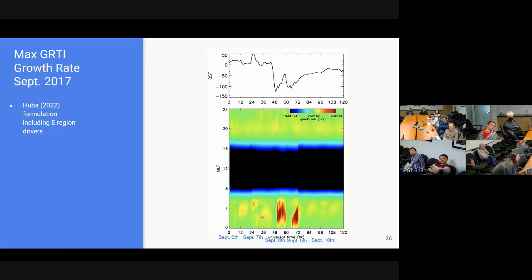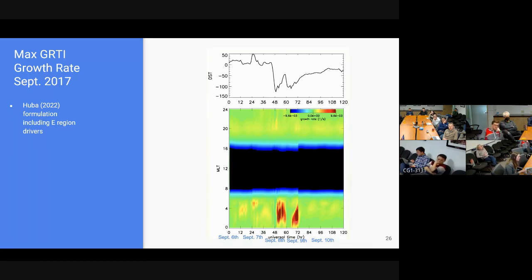On September 7th, during the initial phase of the storm, we see some enhancement around dusk, but the more dramatic enhancement is actually post-midnight. And then during the first main phase of the storm on September 8th, we see the growth rates increase significantly, both pre-midnight at dusk, but the biggest difference is here post-midnight, where we see these really dramatic examples.